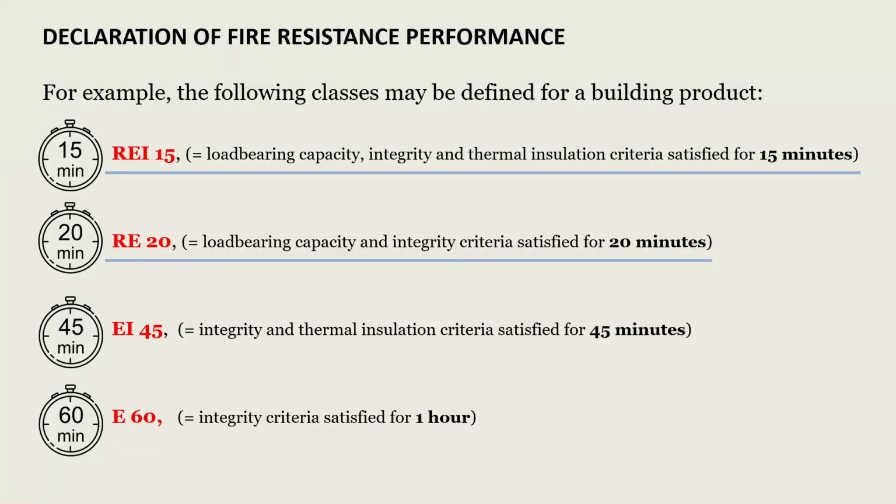For RE 20, the product meets the load-bearing capacity and integrity criteria for 20 minutes. For EI 45, the product ensures integrity and thermal insulation criteria for 45 minutes. Finally, for E 60, the product meets the integrity criteria for 1 hour.